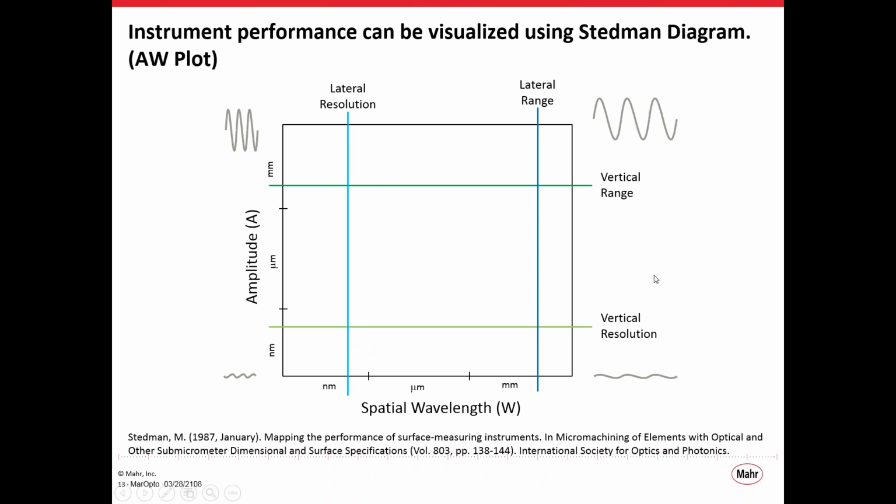And finally, the straightness of the slides of a scanning probe system will limit the maximum slope of the error that you can expect to detect, and that's going to give you another limiting area here.